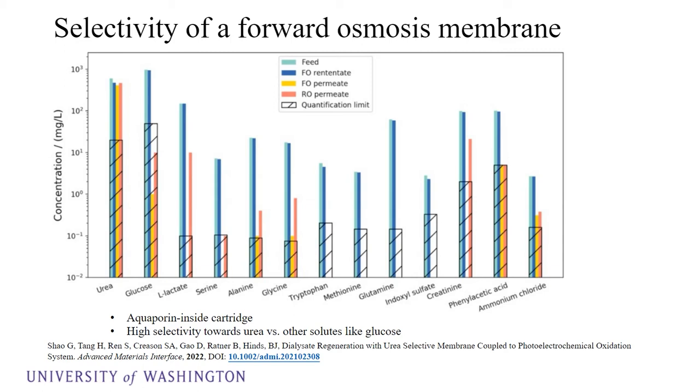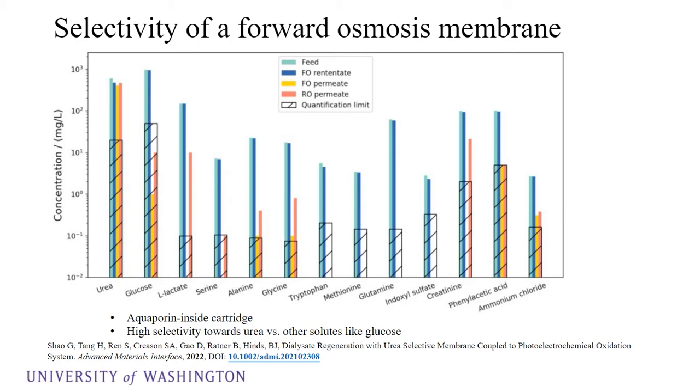The first species was urea. Before and after the forward osmosis membrane, there was almost no drop in concentration. But going to the second, number 2, glucose, you can see from the cyan color to the yellow color, there's 3 orders of magnitude drop in concentration. So we dropped the glucose interference to almost 0.